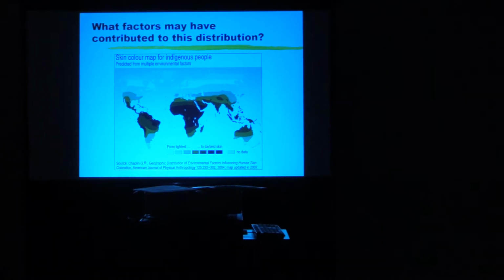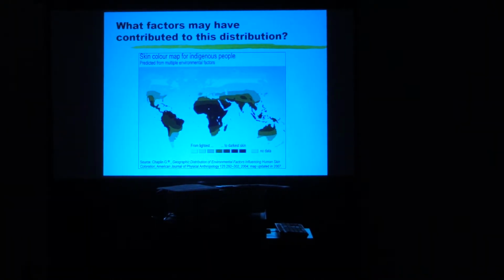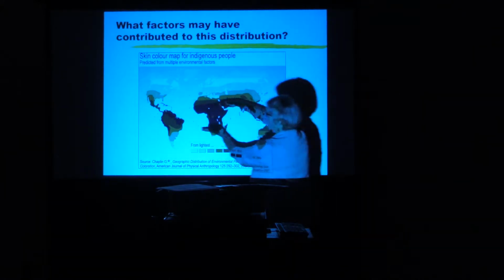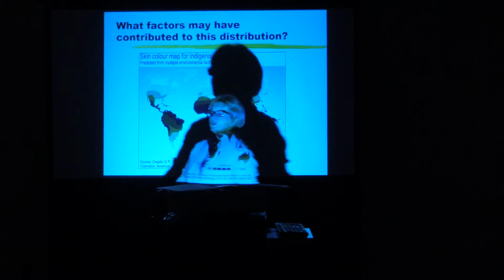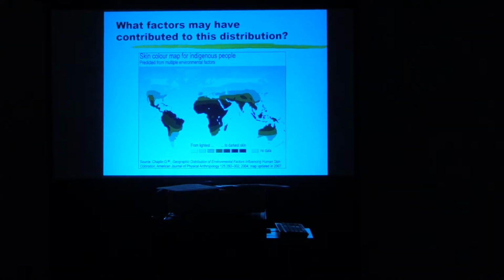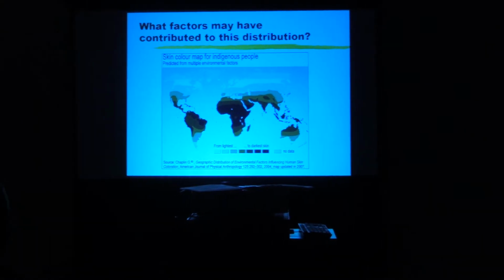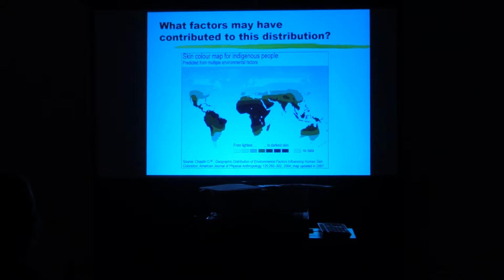So explain that. Why is it that the indigenous populations that we find in this area of the world have the darkest skin color? What's adaptively significant about that? Okay, closest to the equator, because that's where ultraviolet radiation is more direct.